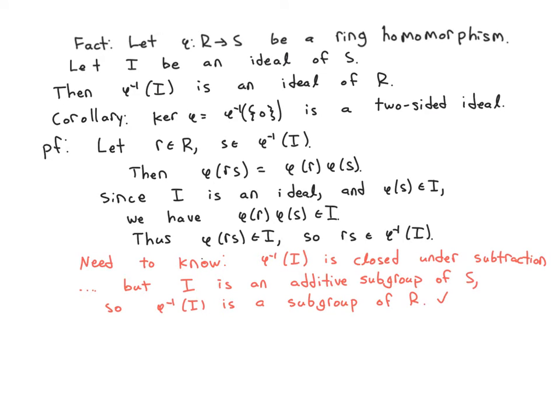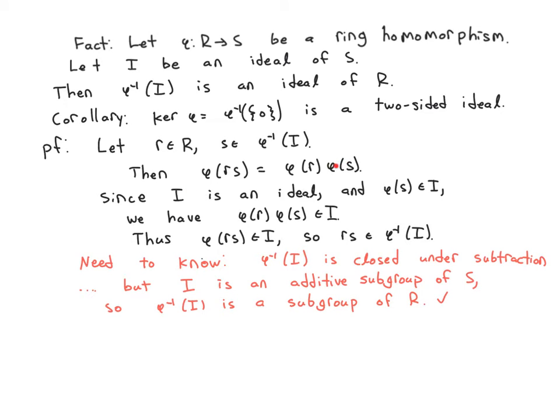So the only thing we need to check to claim that this is an ideal is this part. So let's do it. Take an element r in R, take an element s in the preimage. Then let's compute phi of rs. Why? Because we want to show that rs is in the preimage. Since phi is a homomorphism, phi of r times s is equal to phi of r times phi of s.